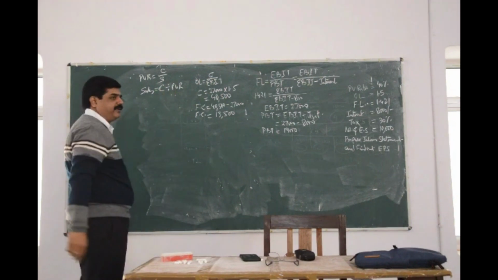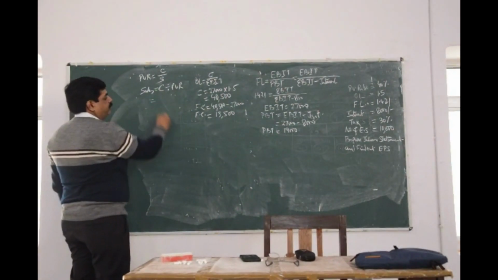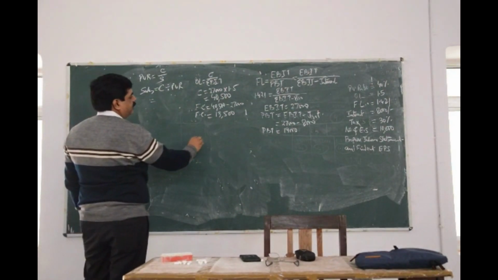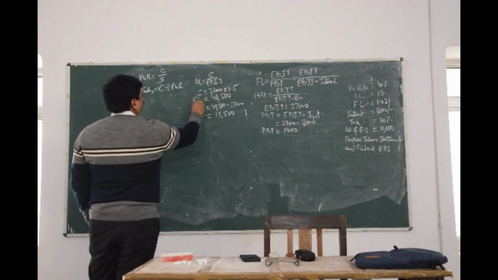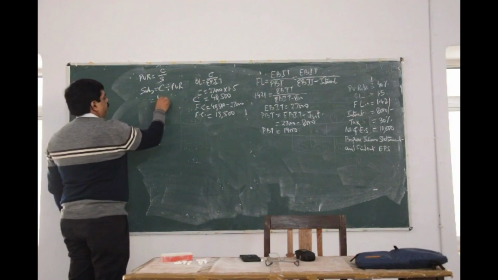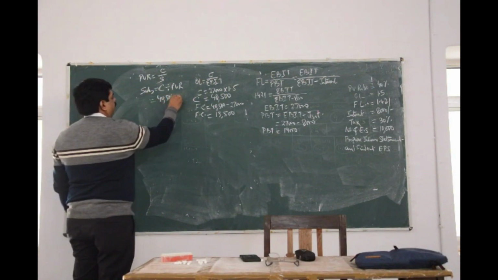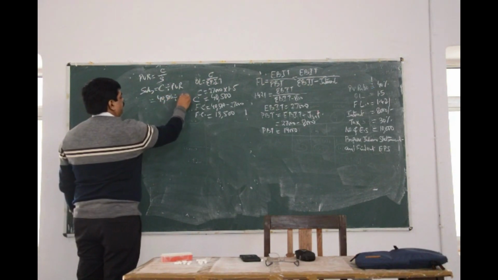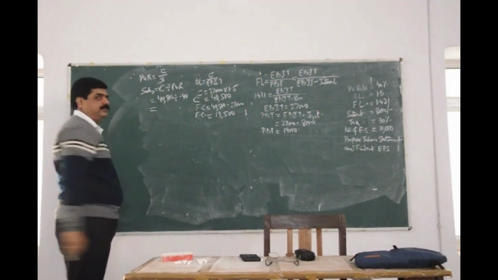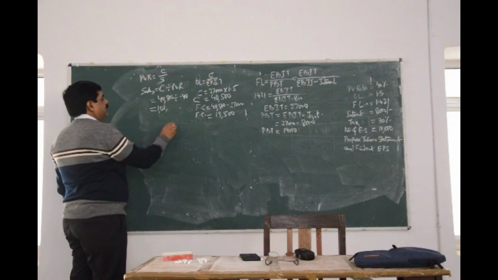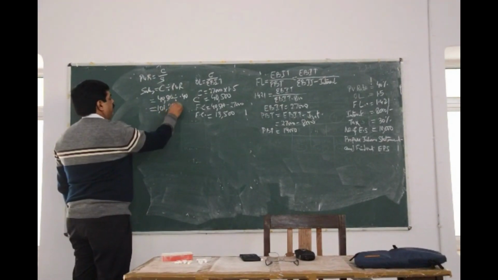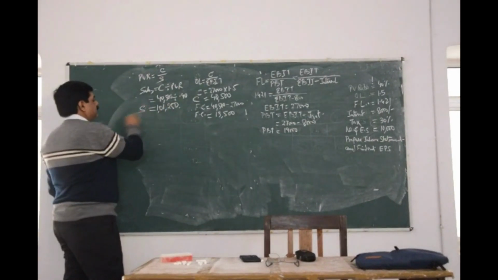Contribution we have calculated as 40,500, divided by 40%. How much? 1,01,250. This is your sales.